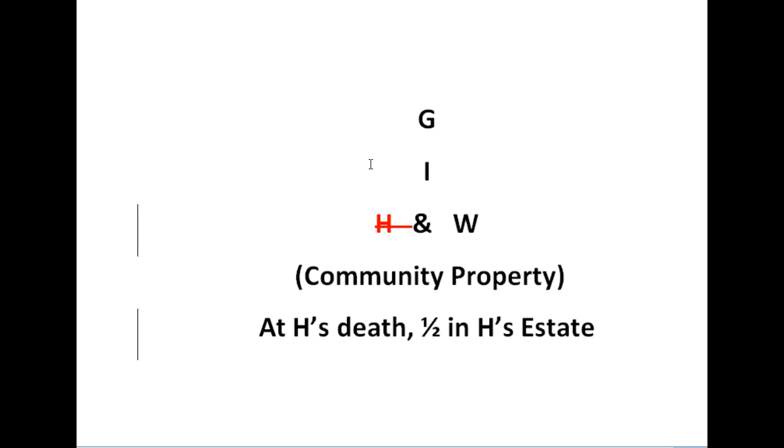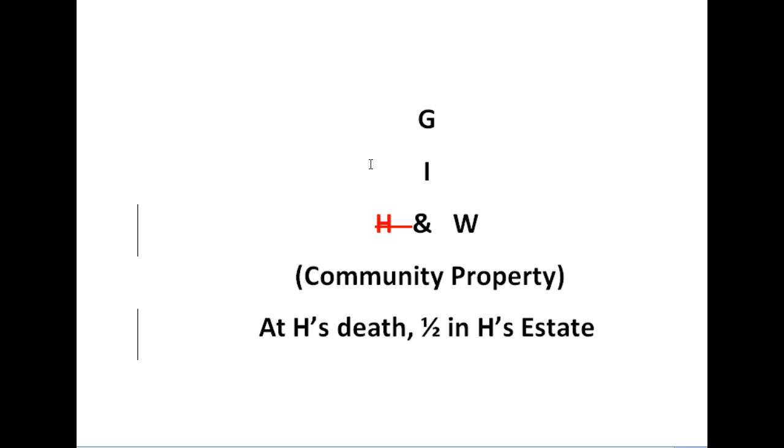And we went through a lot of that in a number of the past sessions. Again, what that means is that community property is not the same as joint tenancy because creditors can reach community property.